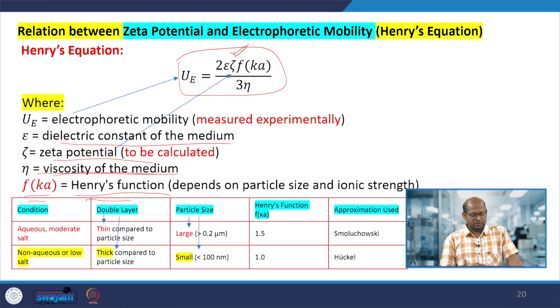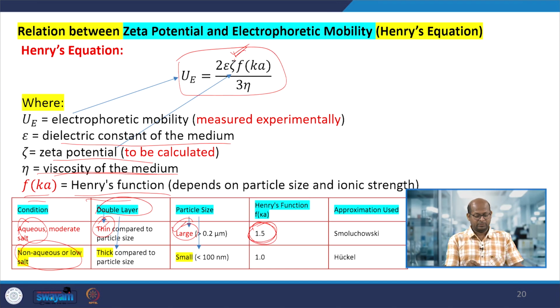So depending upon different conditions, whether it is aqueous with moderate salt or non-aqueous, the double layer that develops differs. For thin layers with large particle size, Henry's function is usually a constant with a value of 1.5. If it is a non-aqueous medium with thick layers, that is, particle size less than 100 nanometers, then we can take Henry's function as equal to 1.